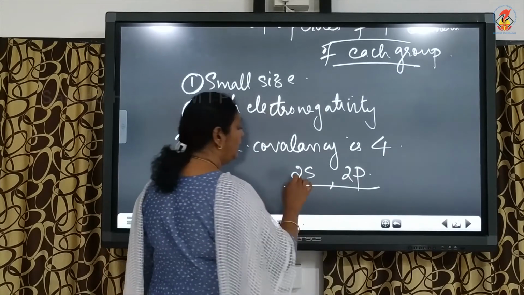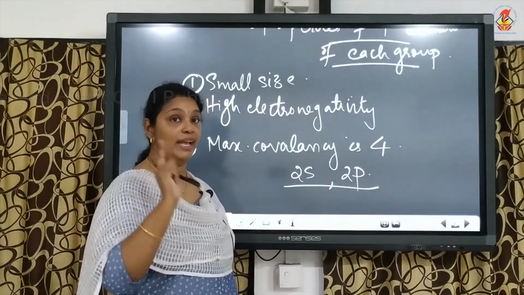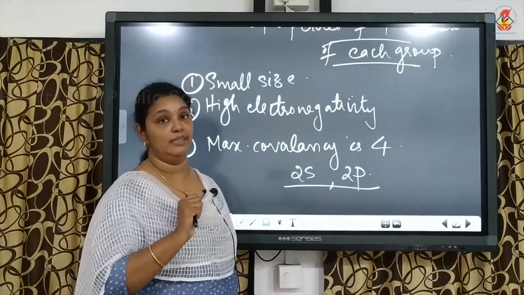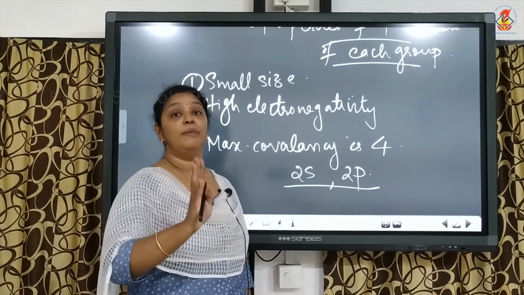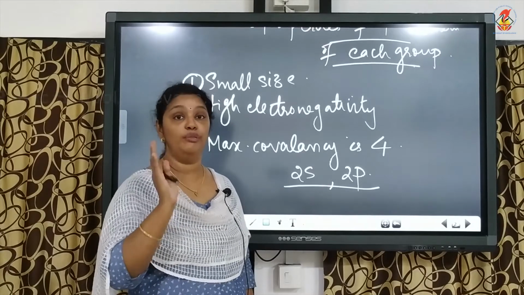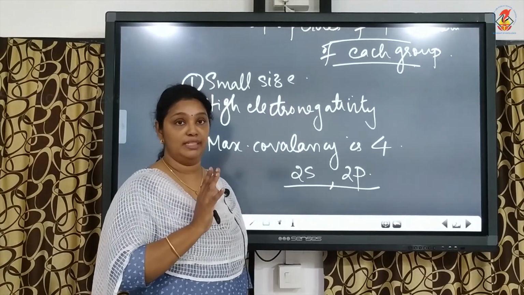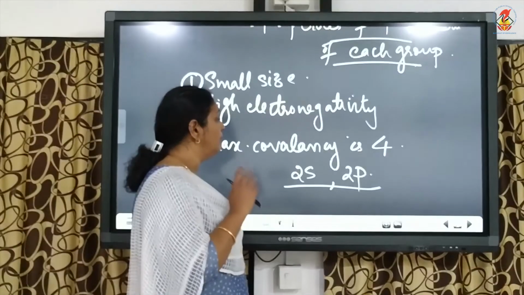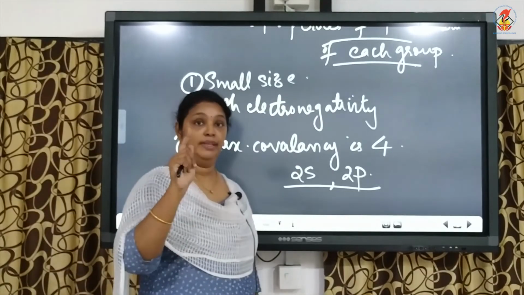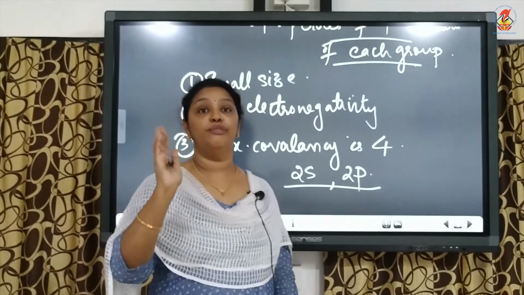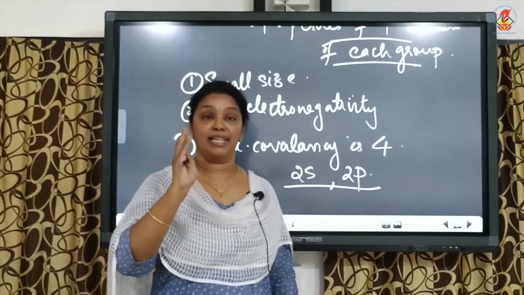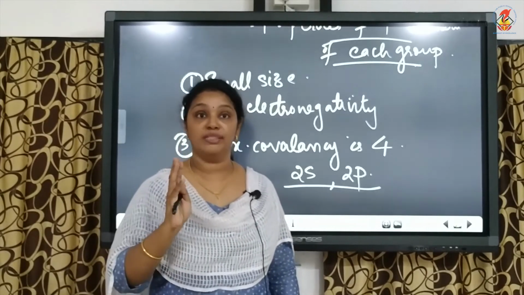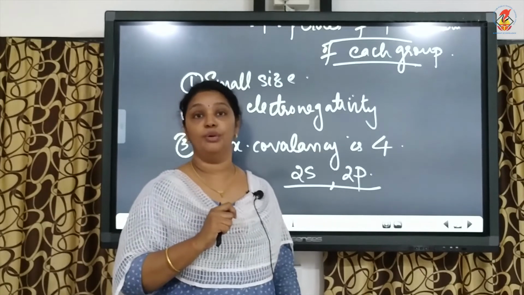So in total how many orbitals do we have? Only one s orbital and three p orbitals. So a total of 4 orbitals are available for bond formation for that element. So we can say the maximum covalency of that second period element is 4, meaning it can form a maximum of 4 bonds with other elements. That is covalency.